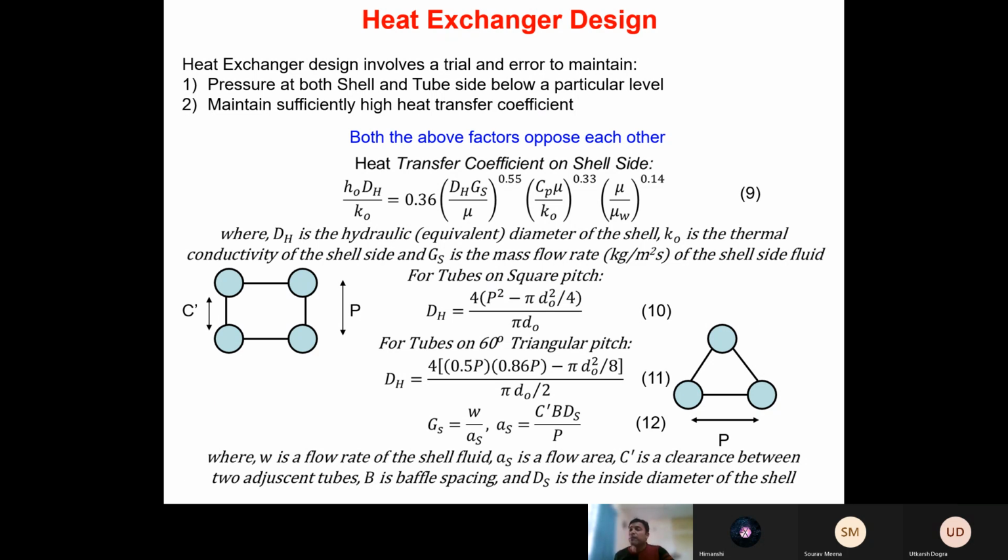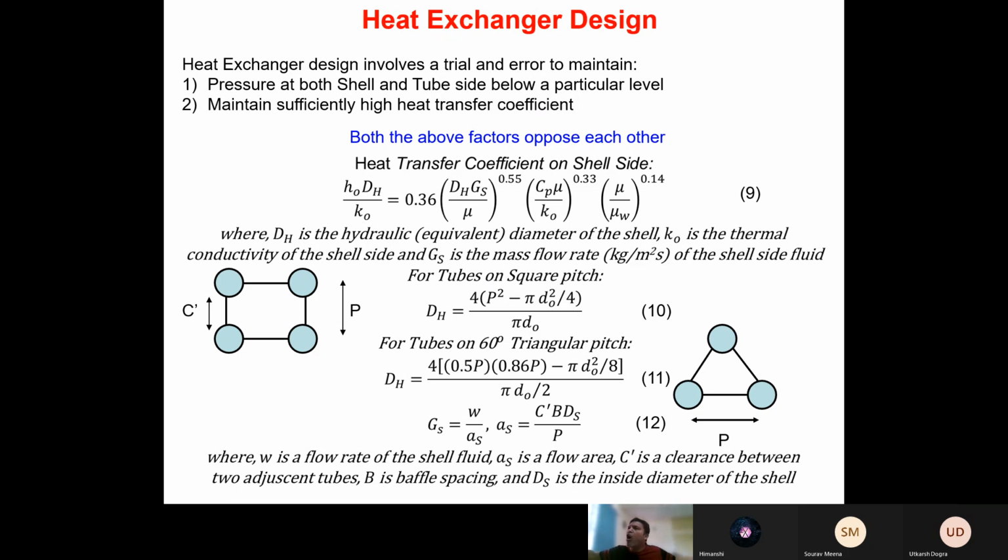Because typically you have limited space available in the industry, isn't it? If you have no restriction on the space, then instead of using a shell and tube heat exchanger, probably you will use a double pipe heat exchanger, because the pressure drop will be minimal in the double pipe heat exchanger. But you make the tubes coiled and increase the number of passes so that you get a compact design.